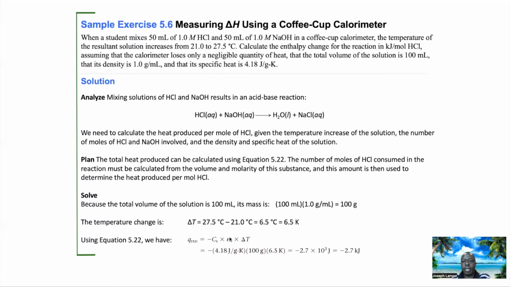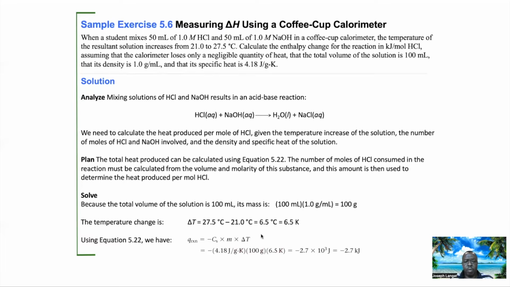It is not always the case that the density of the solution is one; it could be a different solution. Please recall the density equation: mass is given by volume times the density. Therefore, 100 grams is from manipulating the density formula, times the change in temperature.